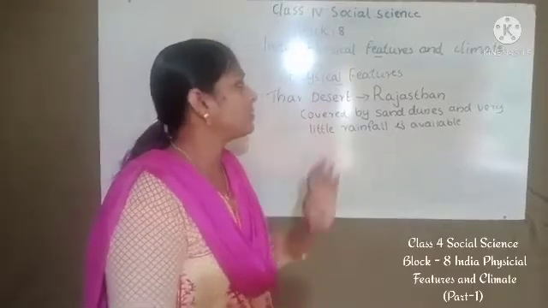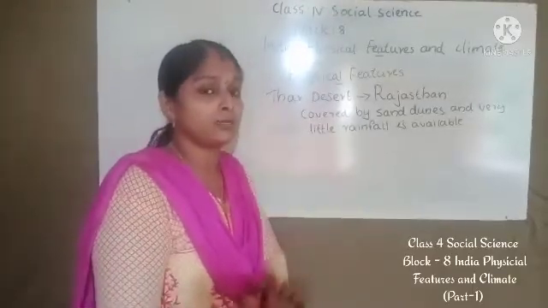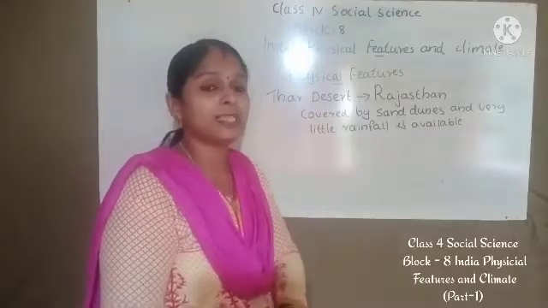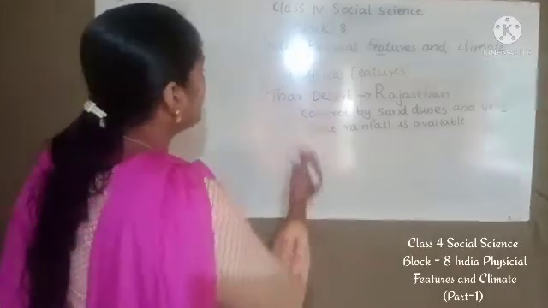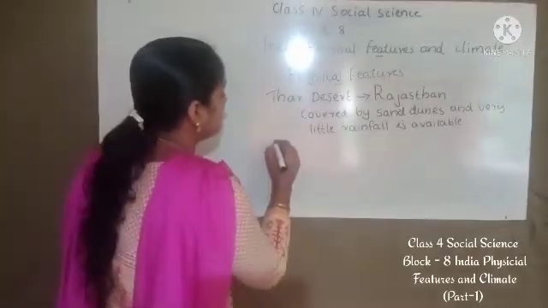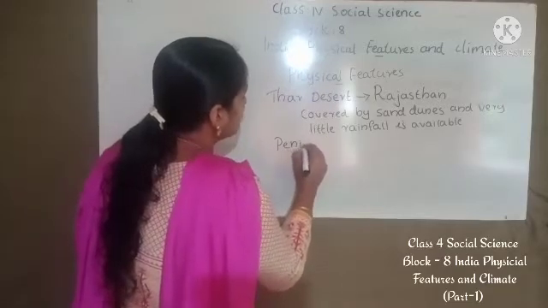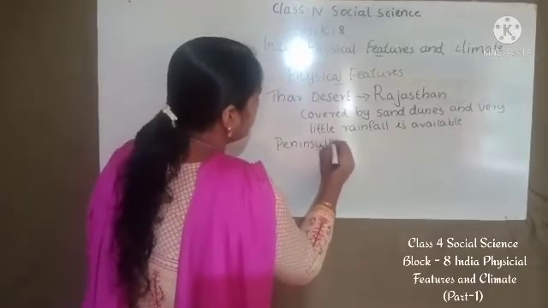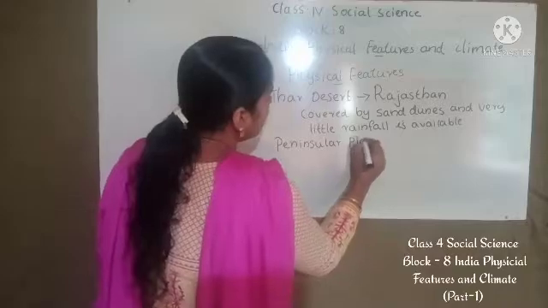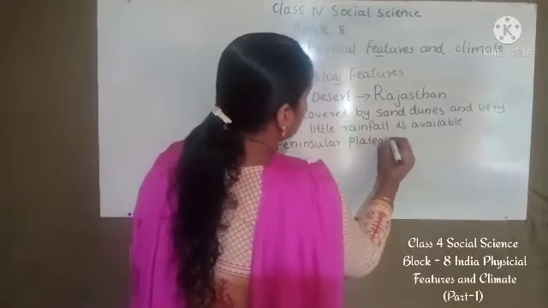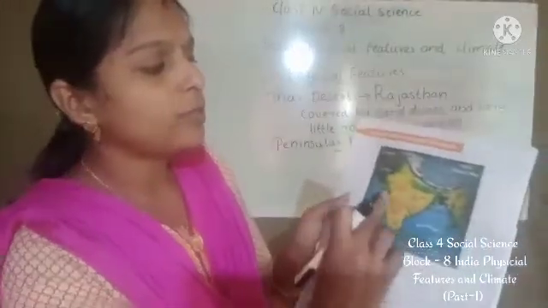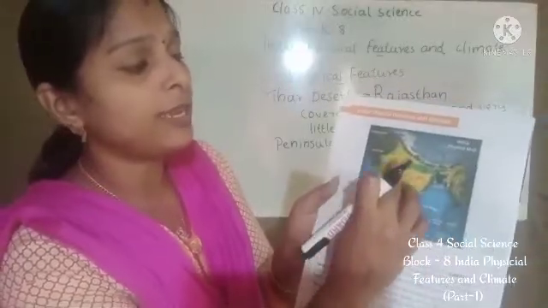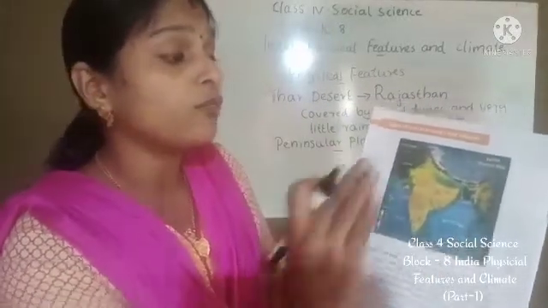That much only you have to study about the Thar Desert, and in detail we will study in the next blocks. The next physical feature is the peninsular plateau. Which type of land is called a plateau, children? Plateaus lie in the south of the northern plains.